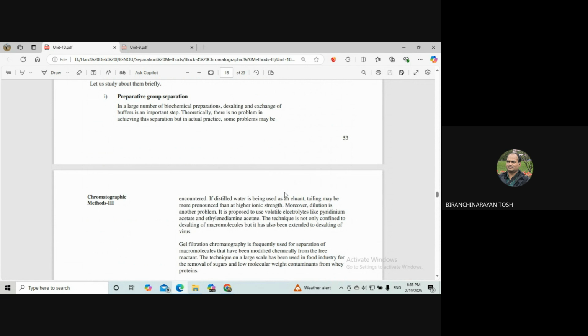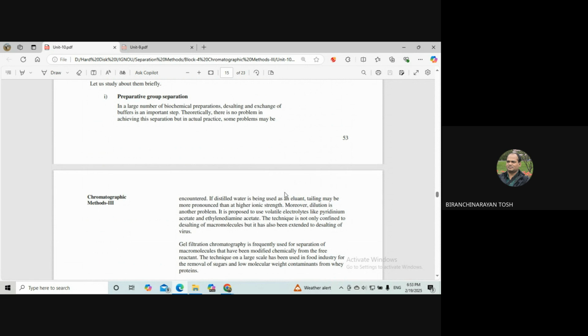Theoretically, there is no problem in achieving this separation, but in actual practice, some problems may be encountered. If distilled water is being used as an eluent, tailing may be more pronounced than at higher ionic strength. Moreover, dilution is another problem. So it is proposed to use volatile electrolytes like pyridinium acetate and ethylenediamine acetate.